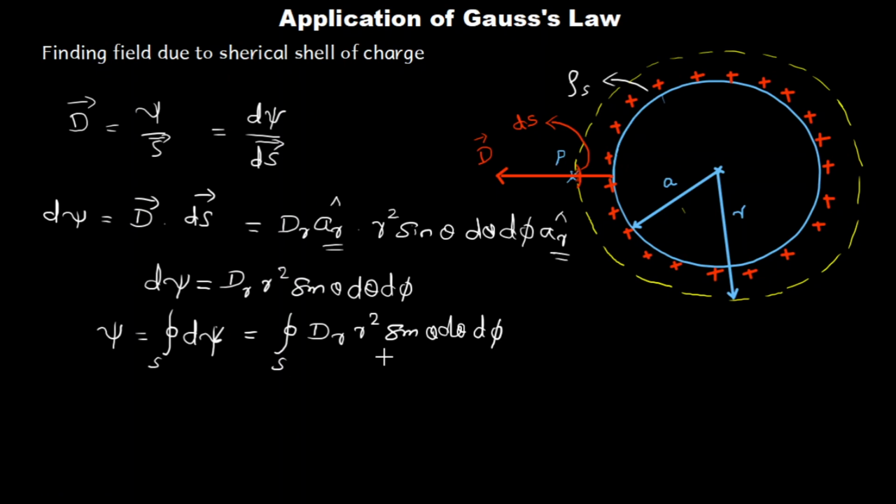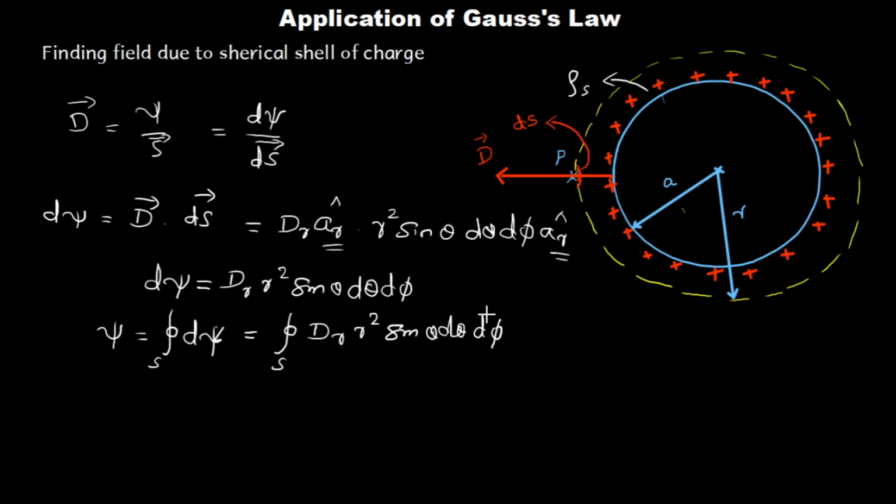Right, agree? Now remember, theta represents the polar angle and phi represents the azimuth angle. Theta gives you the vertical movement of the sphere, and phi gives you the motion around the sphere. So phi will go around the sphere from 0 to 2 pi, and theta will be from 0 to pi.